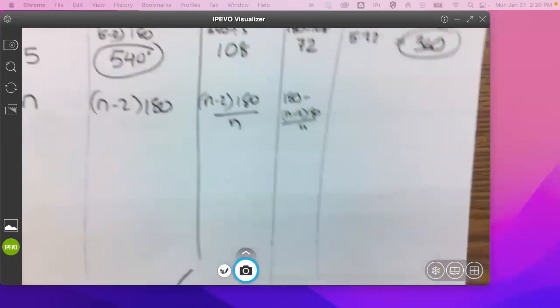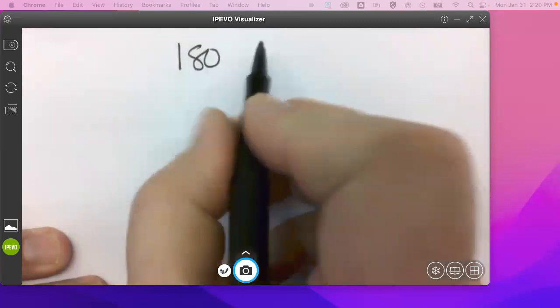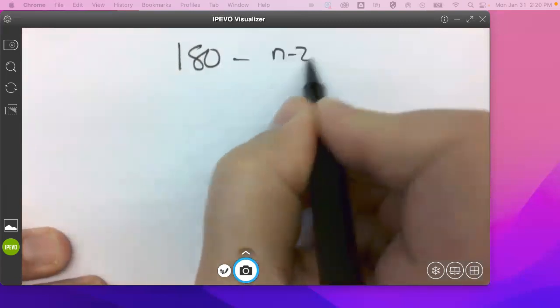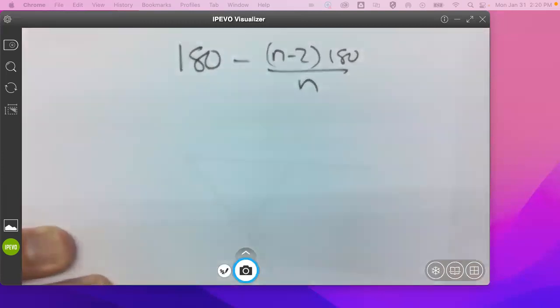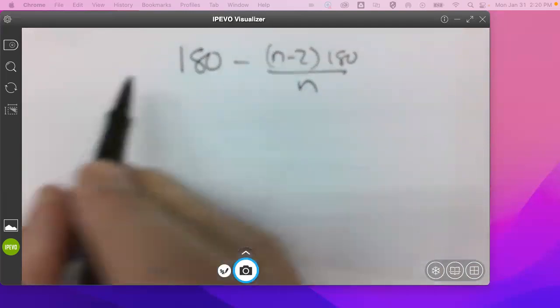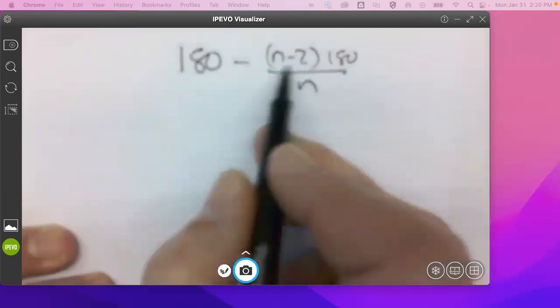That's a bit messy in there. Let's clean that up. 180 minus (n minus 2) times 180 over n. How can I clean this up? This is a whole number and this is a fraction, right?